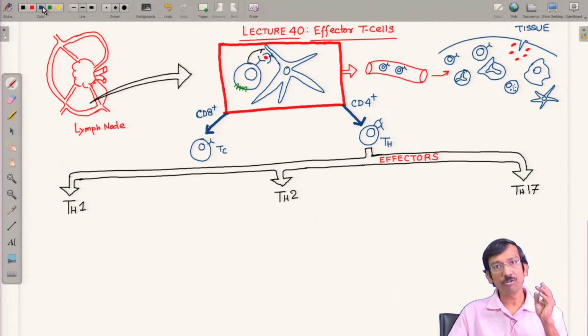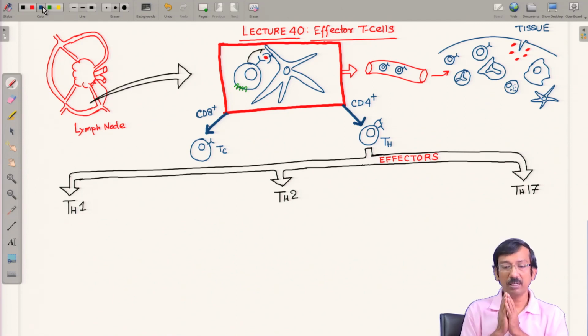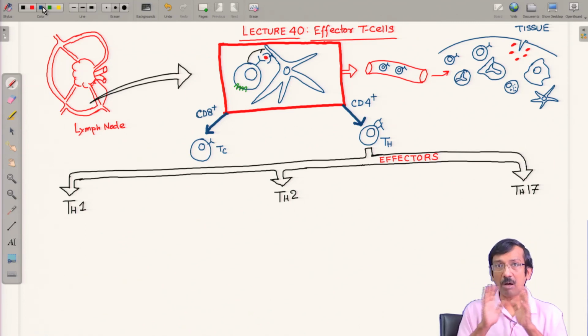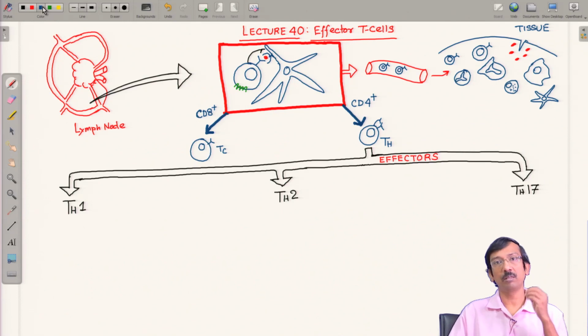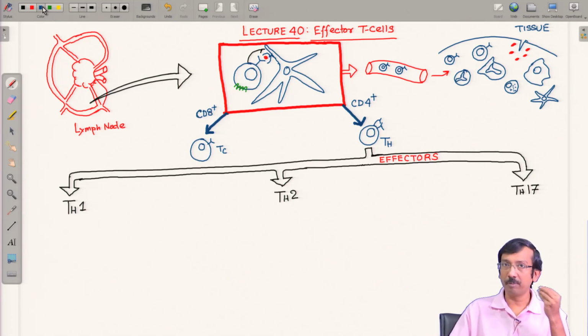I have also introduced you a little bit to T cell differentiation, that is, when a naive T cell is activated. You remember the activation process, how a T cell gets activated by different types of interactions with the dendritic cell primarily, or with the macrophages.